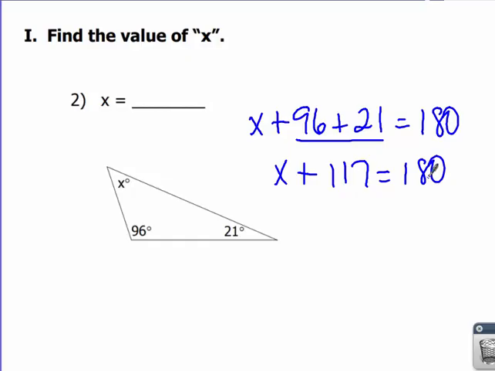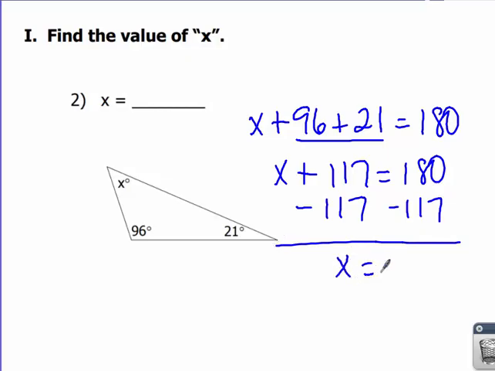Now we're going to subtract 117 from both sides, and we end up with x equaling, so we go to our calculator and do 180 minus 117, and you should find out that x is equal to 63 degrees. So in this problem, the measure of the missing angle is 63 degrees.